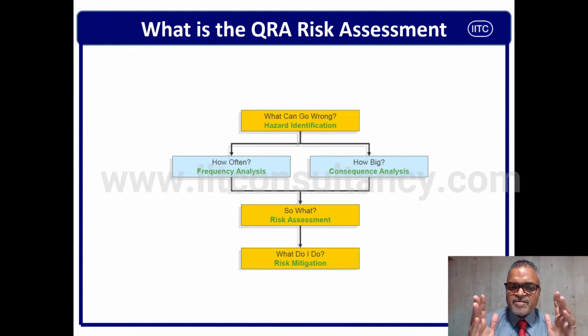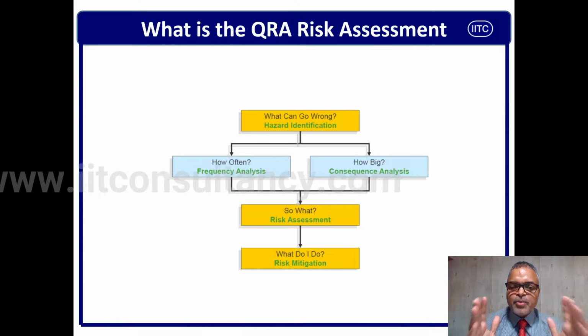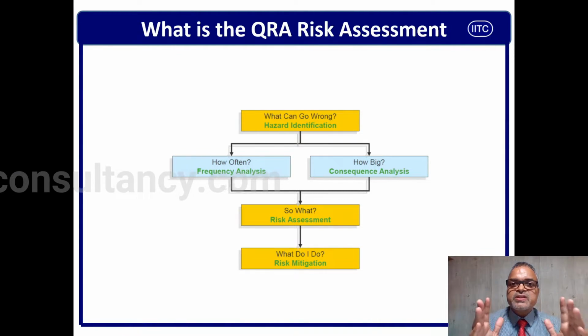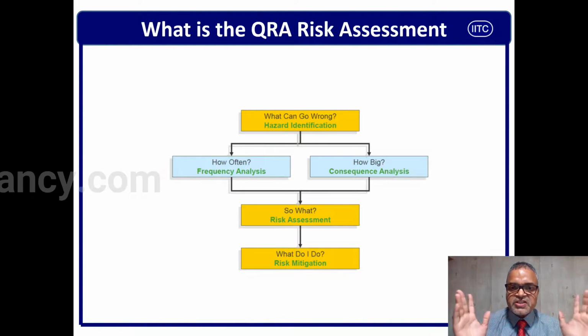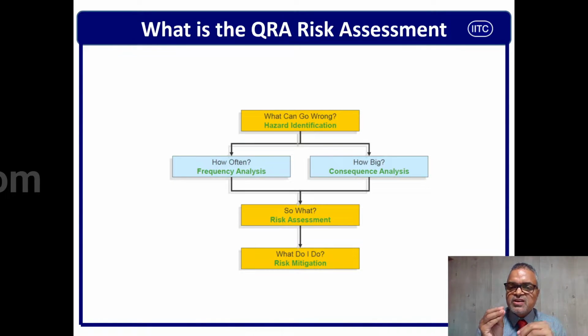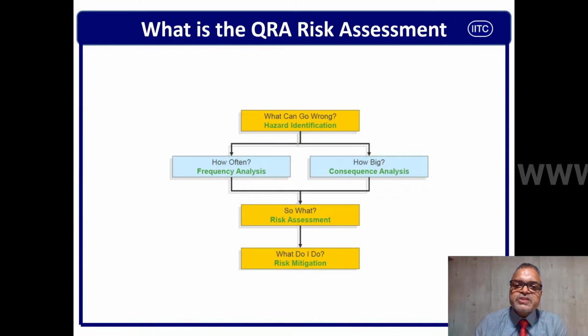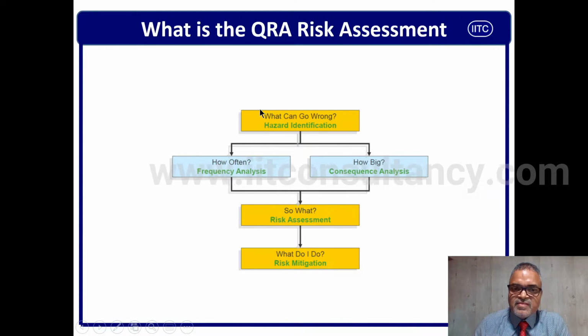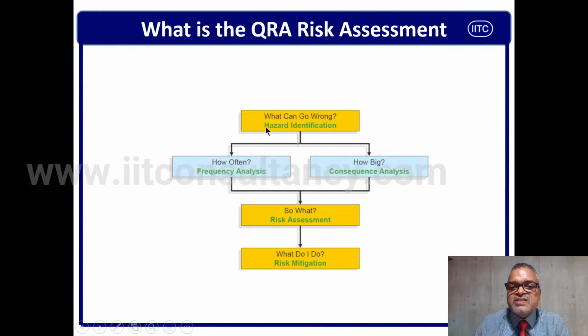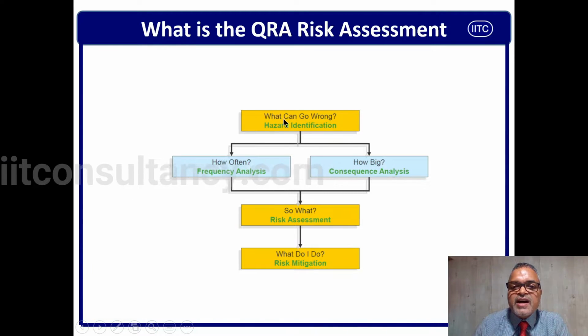Yes guys, this is a very important slide for understanding quantitative risk assessment. Let us give 2 to 3 minutes to understand this slide. Here we are starting from what can go wrong. This point is also known as hazard identification.